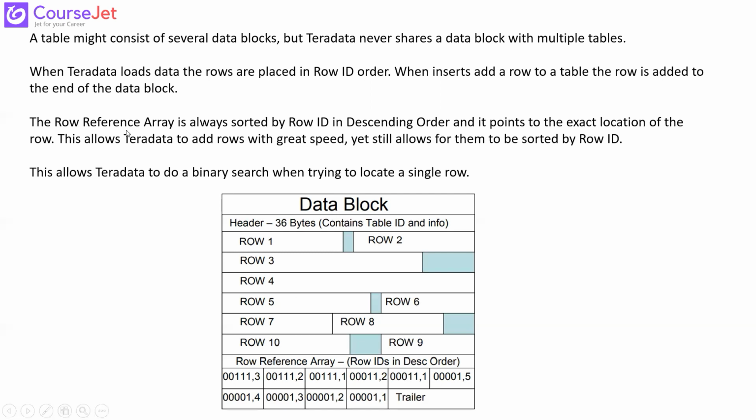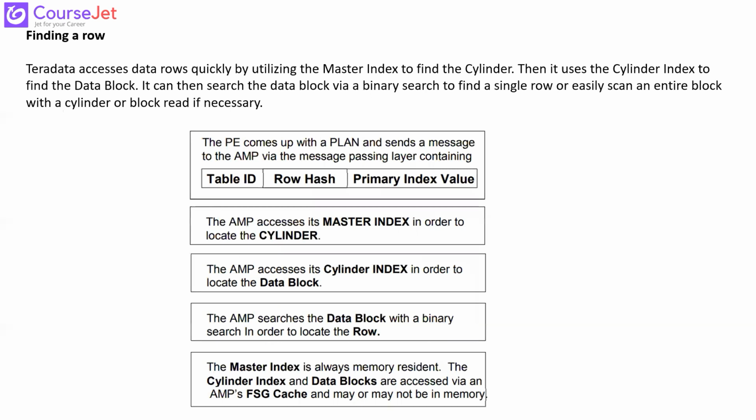It might be binary sort, I'm not sure about the sort, but it's called a binary search. So this is how a row is found by the system.